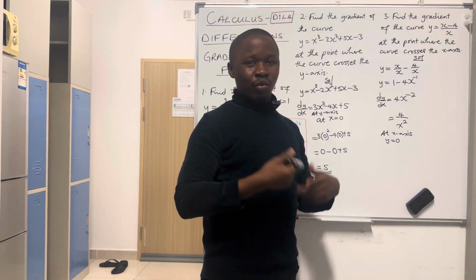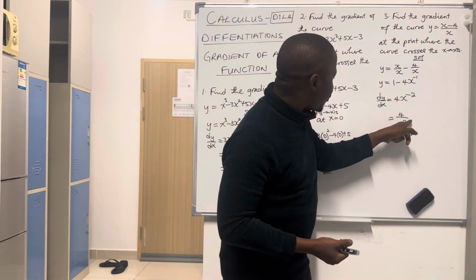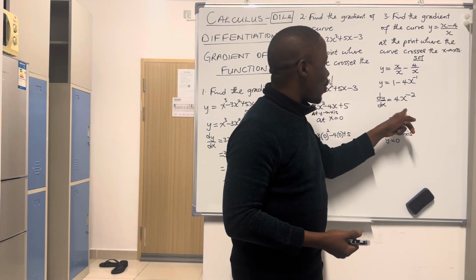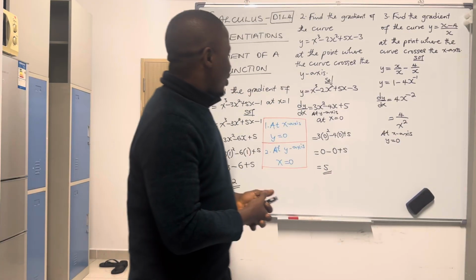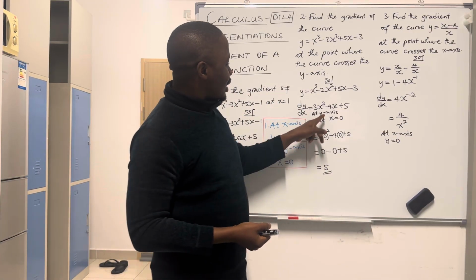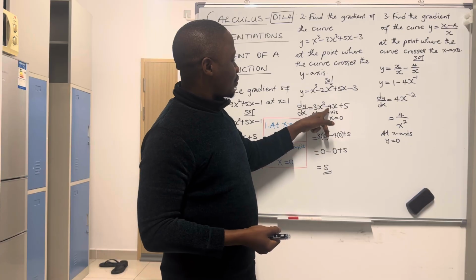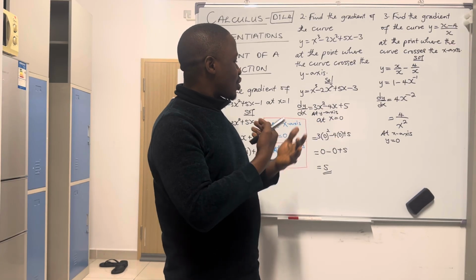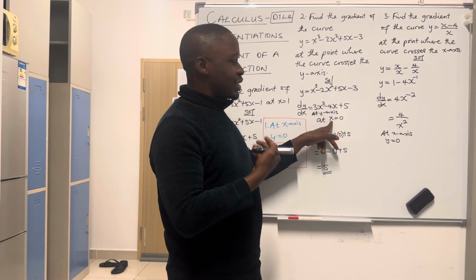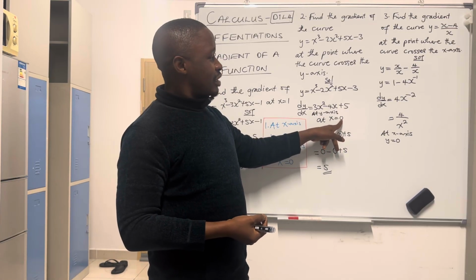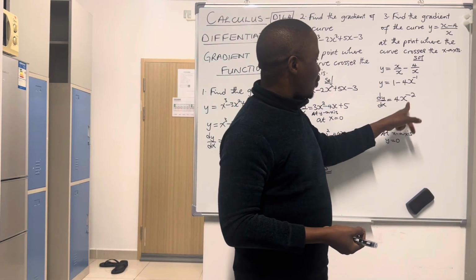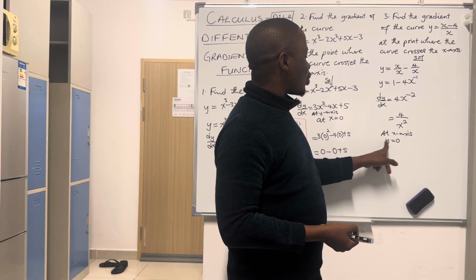At the x-axis, y is 0. But the gradient function does not contain y. It contains x. Unlike here, the gradient function 3x squared minus 4x plus 5 contains x. So we simply substitute the value for x.